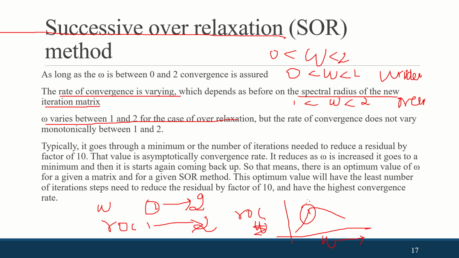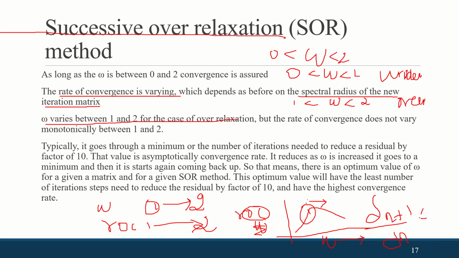At this omega there is the least number of iterations, which helps in getting the convergence at a faster rate. Basically at this point the number of iteration steps required is very small, so that the residual at the n plus 1 time step, compared to the residual at the nth time step, should keep on decreasing, right?